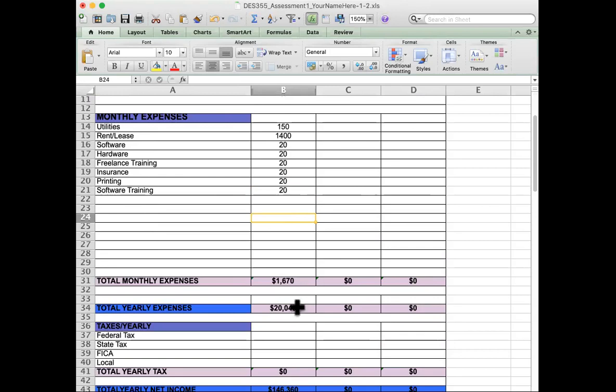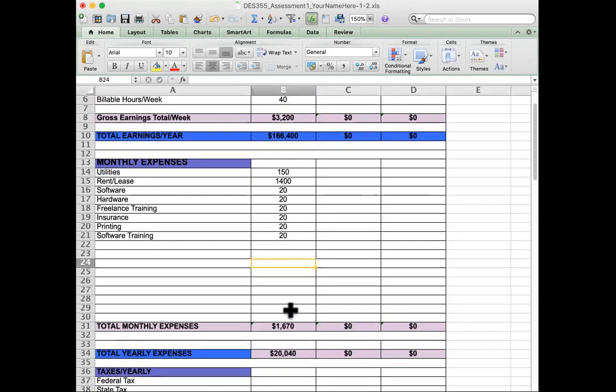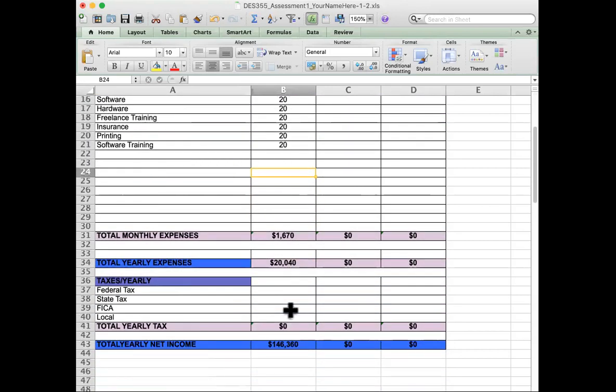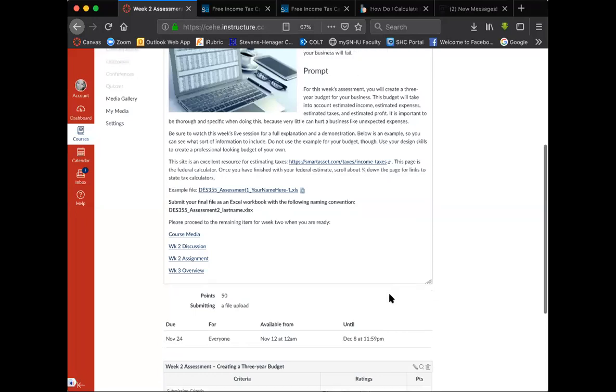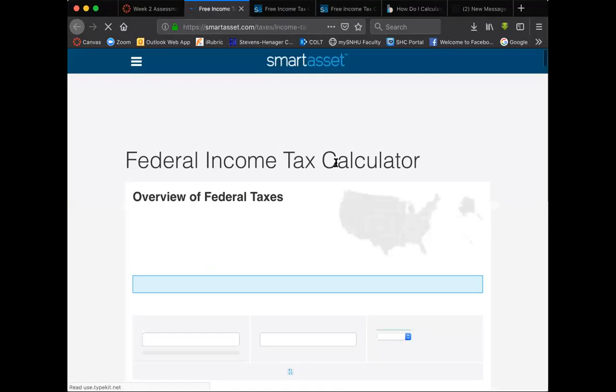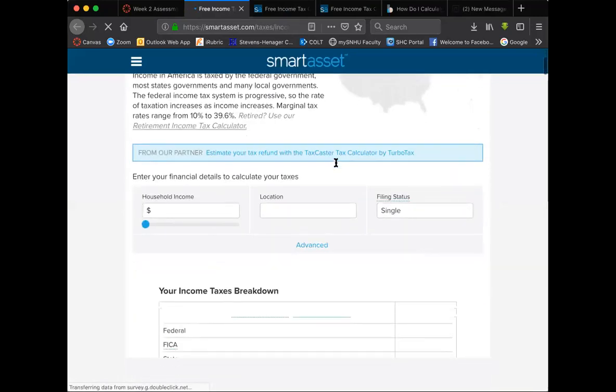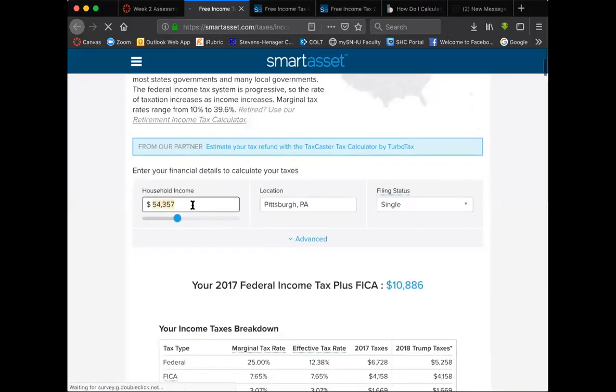So monthly and yearly. All right, now the next thing is your yearly taxes. So you remember that website that was given to you guys? Let me go back to it. That link that was given to you guys. Let me click back on that link here. Household income.